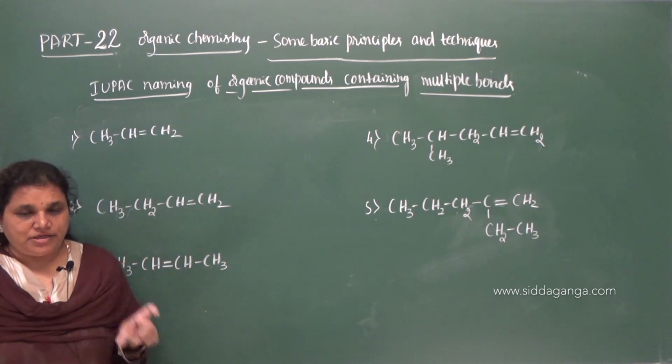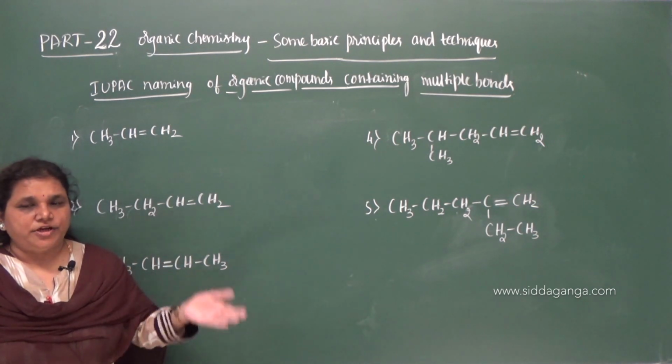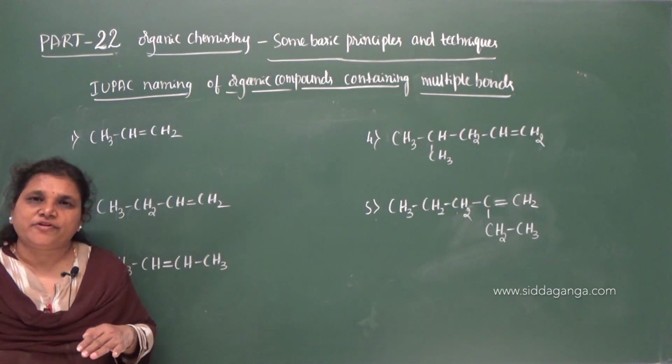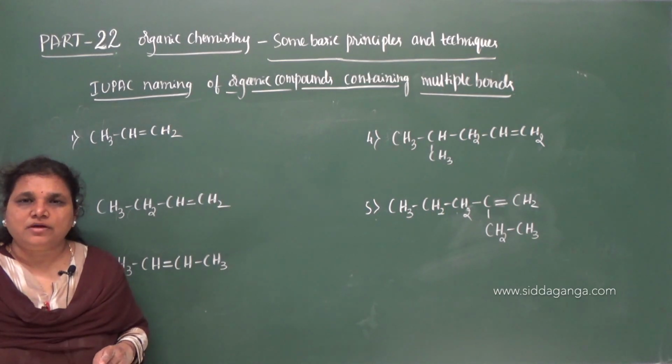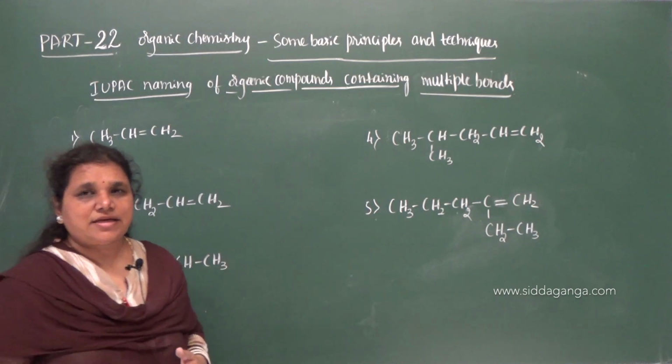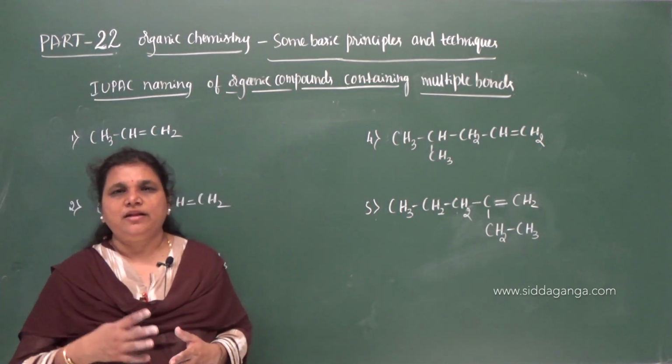If both substituent groups and multiple bonds are present, you need to give the preference to multiple bonds. How to give the preference to multiple bonds? By assigning the lowest possible number.